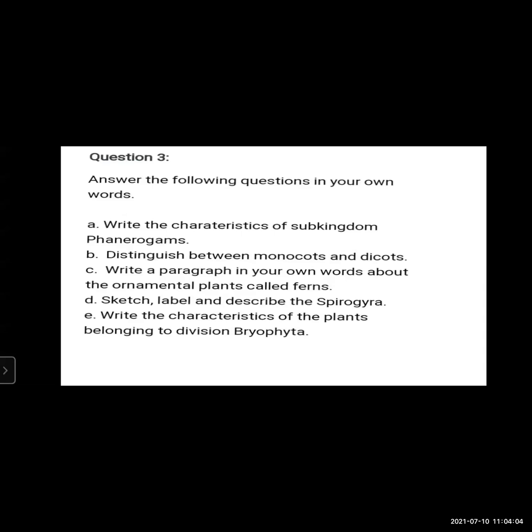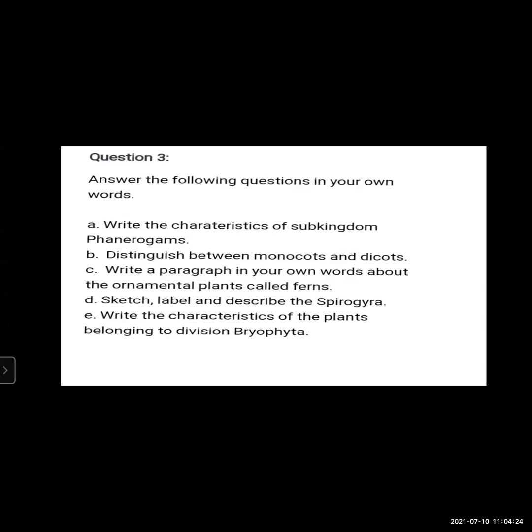Okay, question number 3. Answer the following questions in your own words. You can see all these questions are there. There are 5 questions, A, B, C, D, and E. So these are the questions and we'll see the answer one by one.